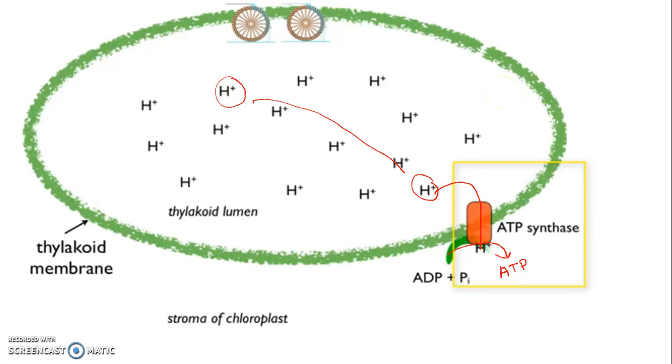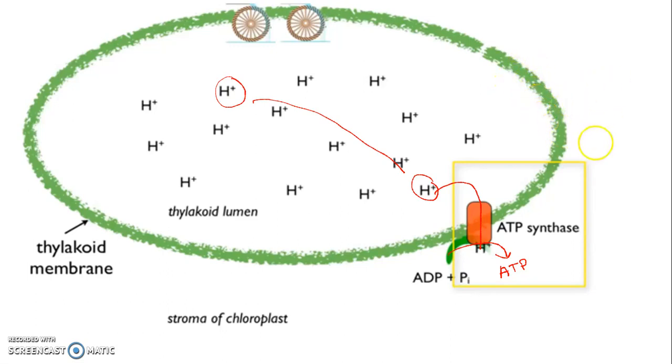So how does the production of ATP take place? The production of ATP takes place due to the proton gradient, and the proton gradient comes from the photooxidation of water and the pumping of protons against the concentration gradient by these proteins into the thylakoid lumen. These protons are not happy inside the thylakoid lumen and they want to go out.